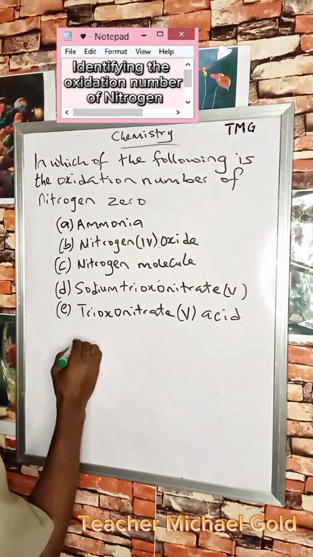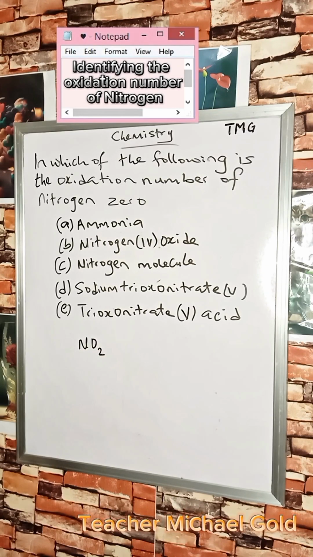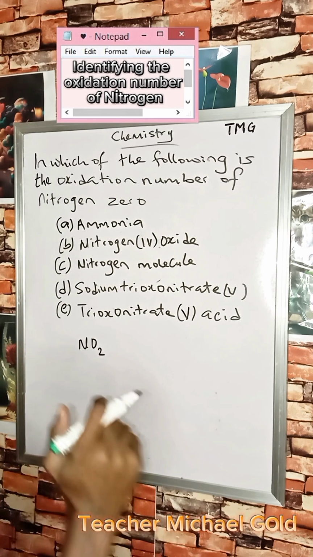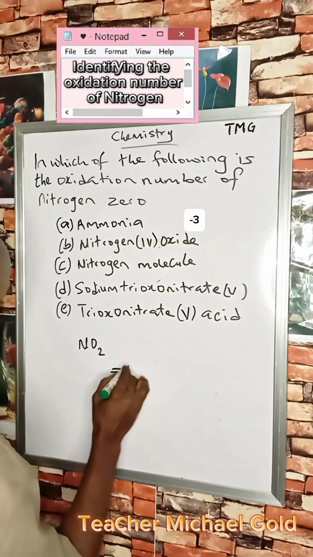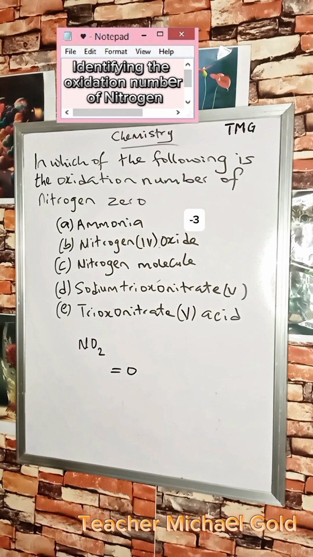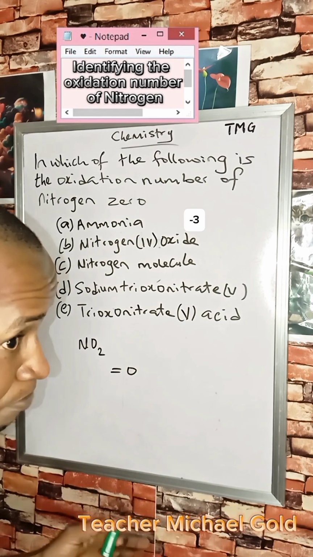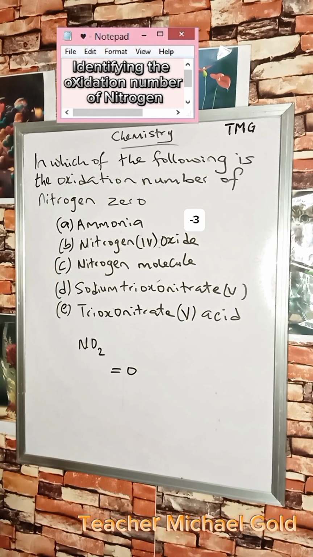Nitrogen(IV) oxide, that is NO2. We know that the sum of the oxidation numbers of any molecule which is uncharged is equal to 0. That's the first thing you need to know. Then the oxidation number of oxygen is always -2, except in peroxide, where it is -1.